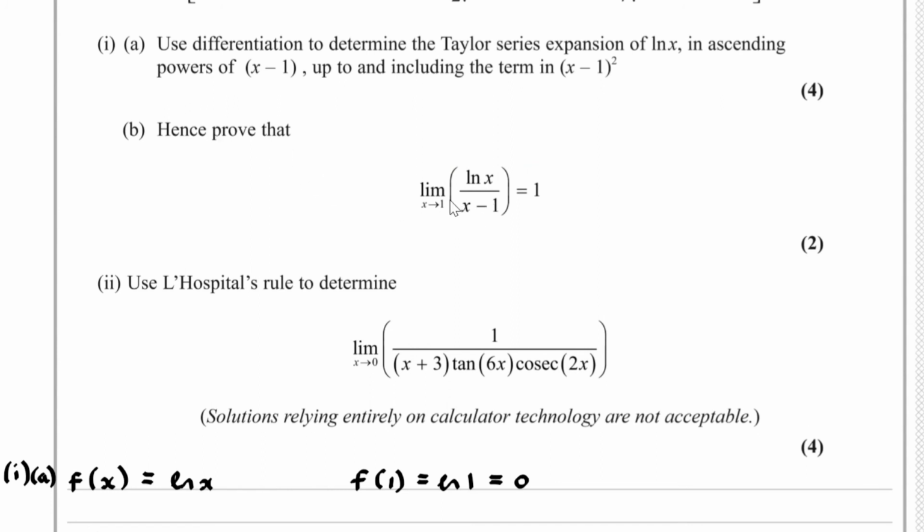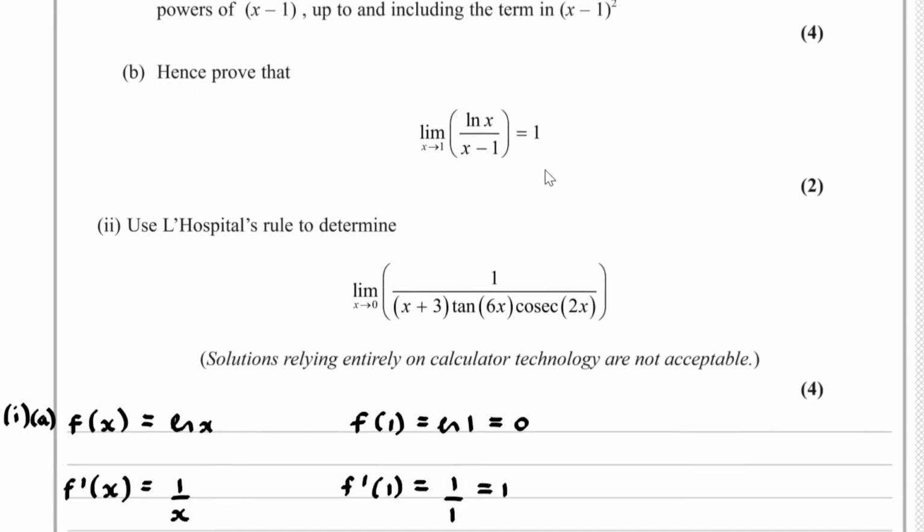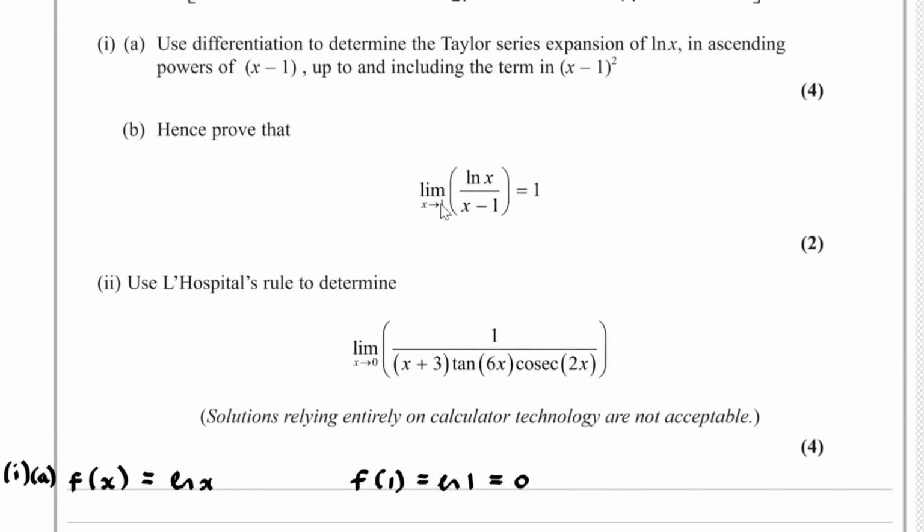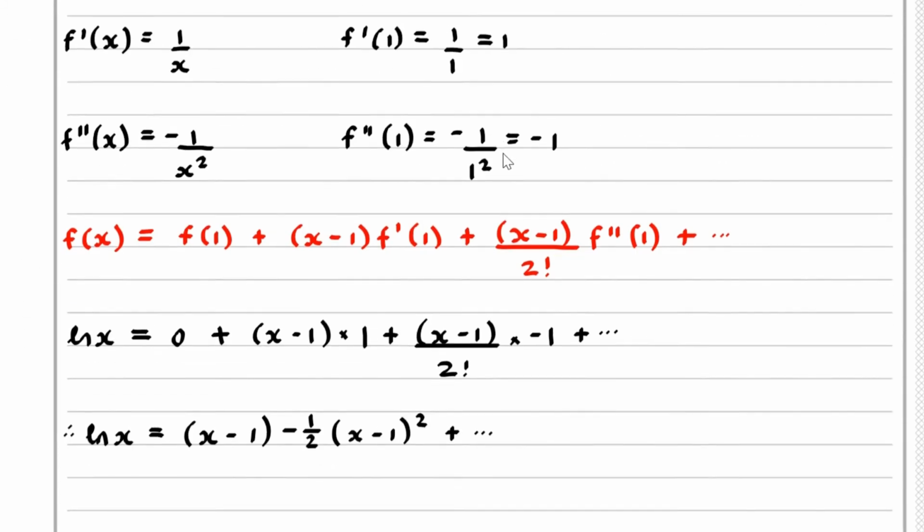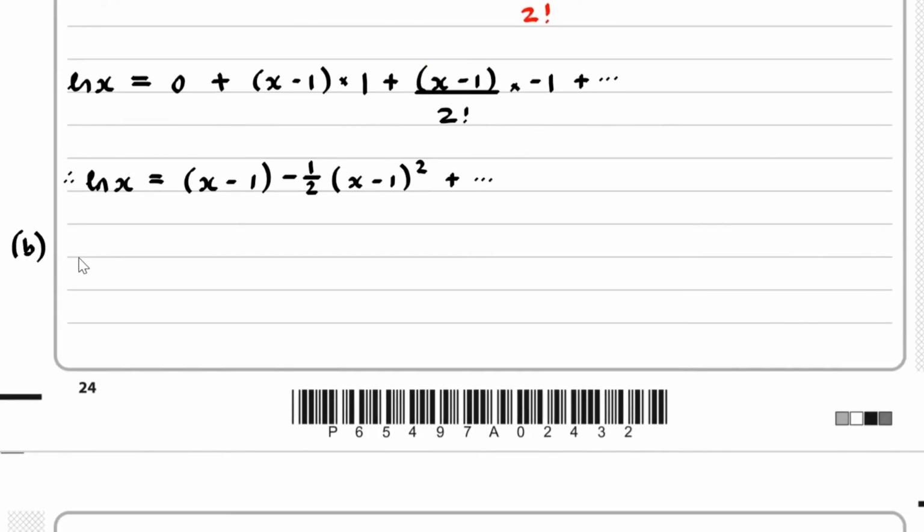And now we have to prove that the limit as x tends towards 1 of the natural log of x over x minus 1 is equal to 1. Well, as x tends towards 1, we have the natural log of 1 over 1 minus 1.